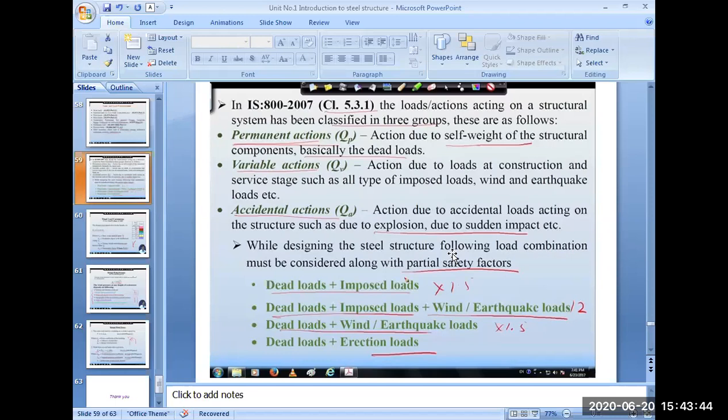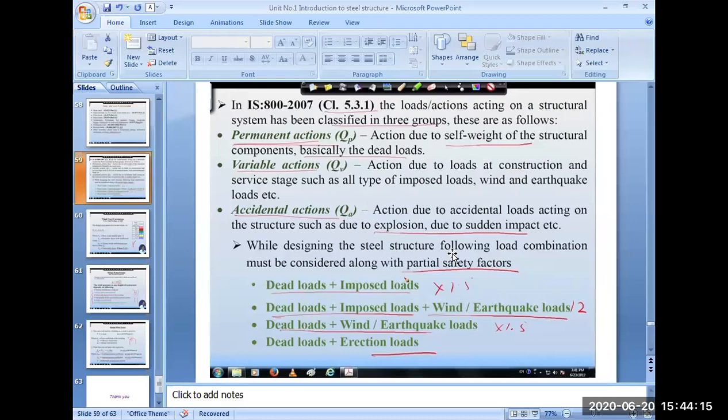Similarly, the second type of load combination is dead load plus imposed load plus wind load or earthquake load. So the addition of these three loads, we multiply by 1.2, because 1.2 is the factor of safety.